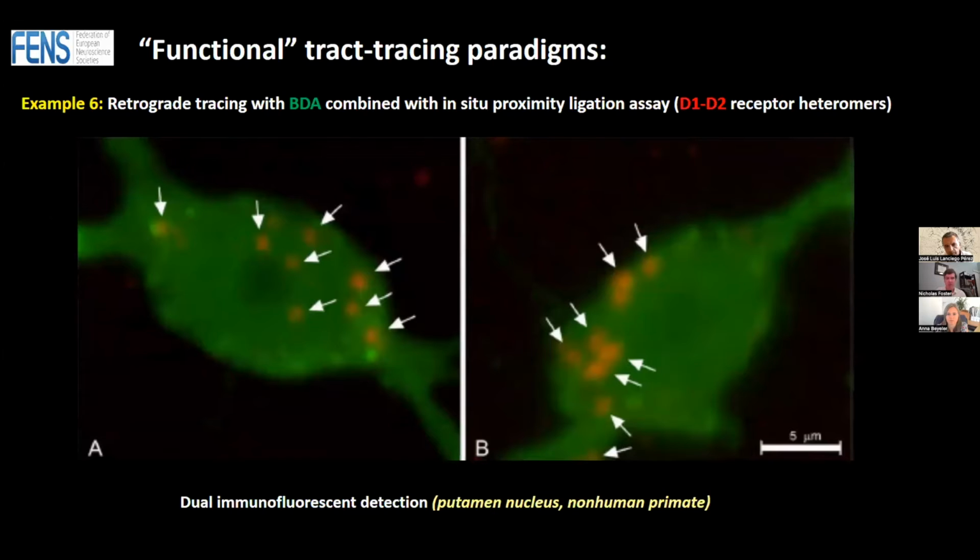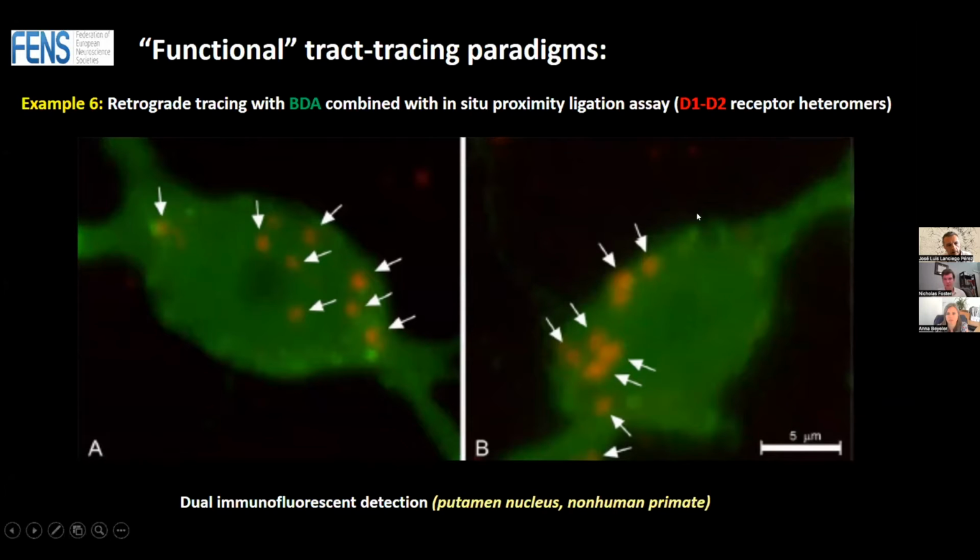This is another example of a functional correlate of a tracing experiment. Here we took advantage of the retrograde spread of BDA. So we have injected BDA into either the internal or external division of the globus pallidus. And these neurons belong to the putamen. So these are basal ganglia output neurons from the putamen, from the direct pathway and from the indirect pathway, innervating either the internal or external division of the globus pallidus.